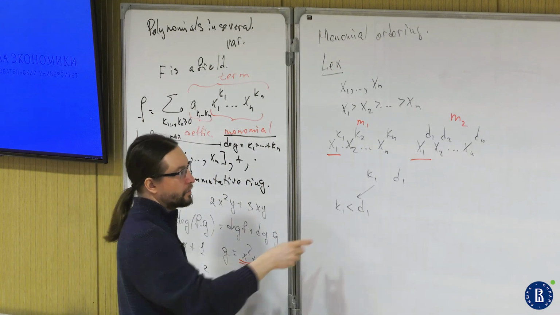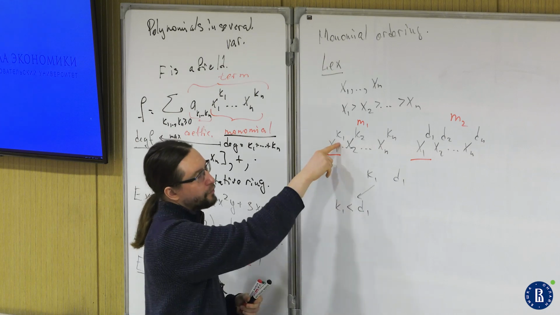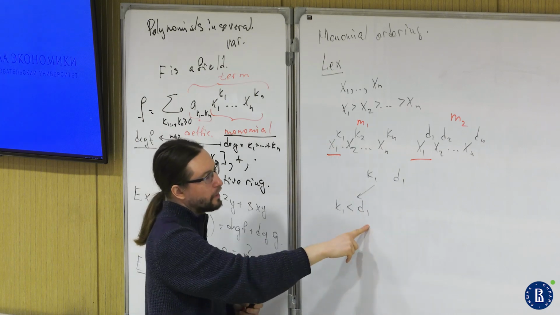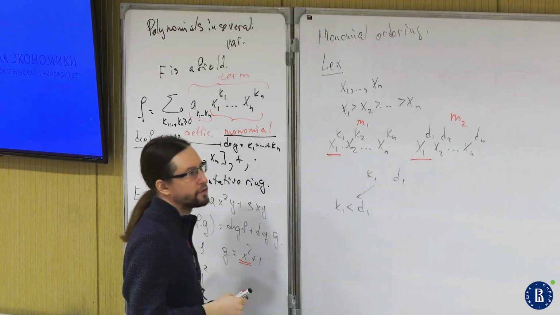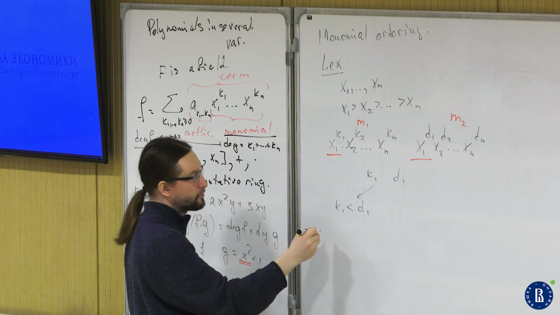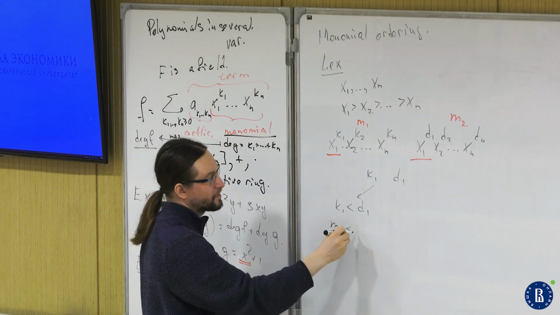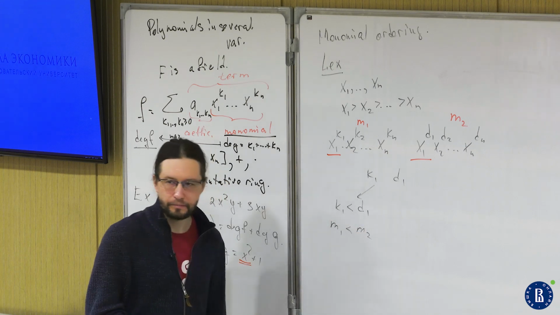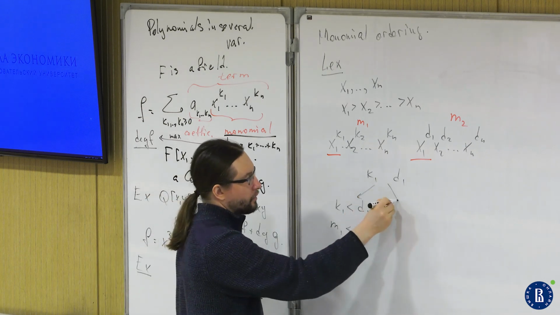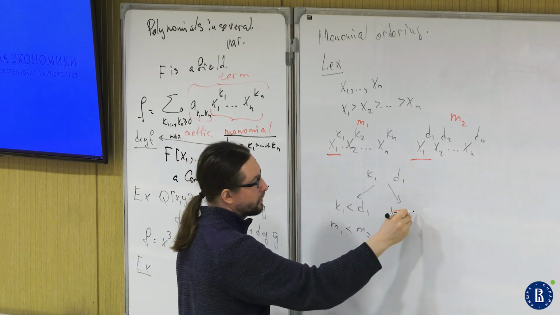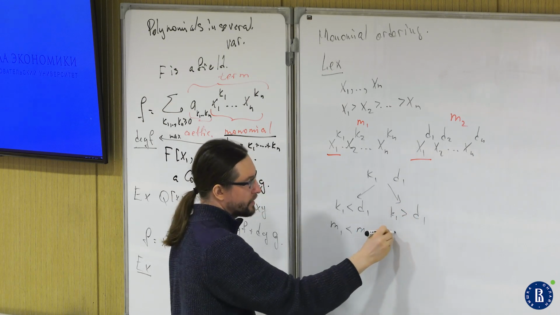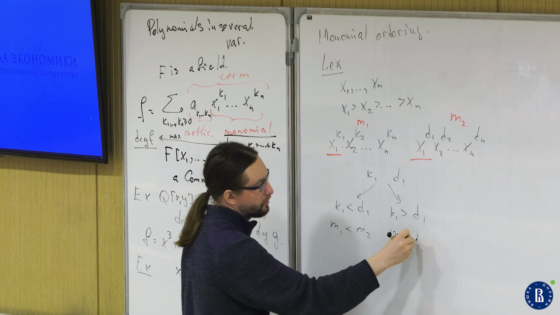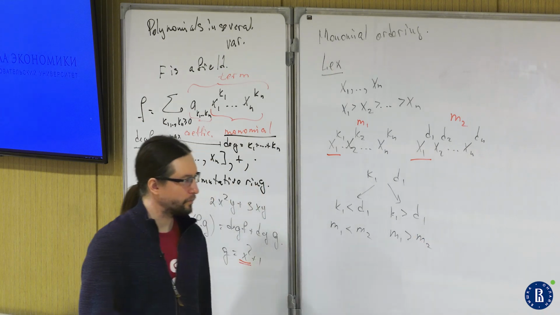Okay, so the case number one: k1 is smaller than d1, the first degree is strictly less than the first degree of the second monomial. In this case, we will say that the first monomial is smaller than the second monomial. In case k1 is strictly greater than d1, we will say that the first monomial is strictly greater than the second monomial.